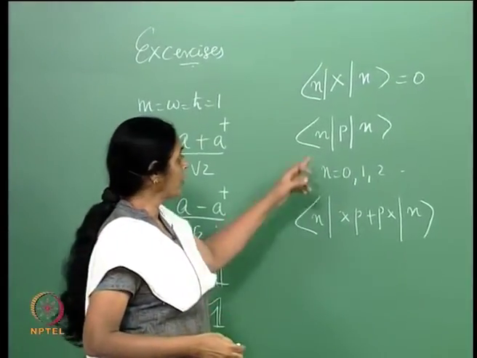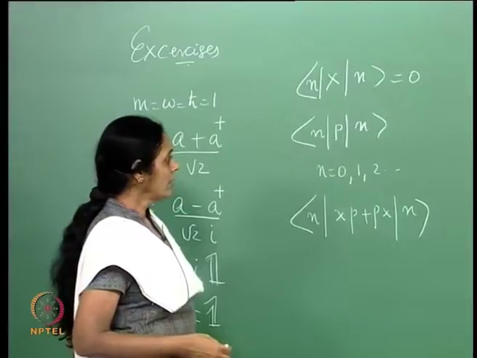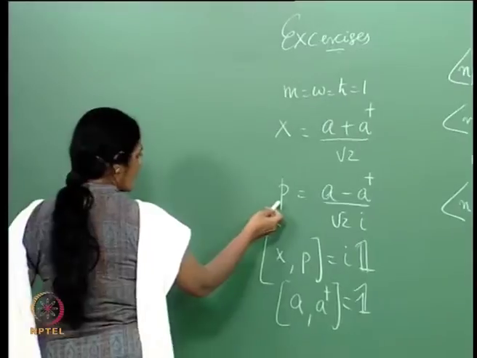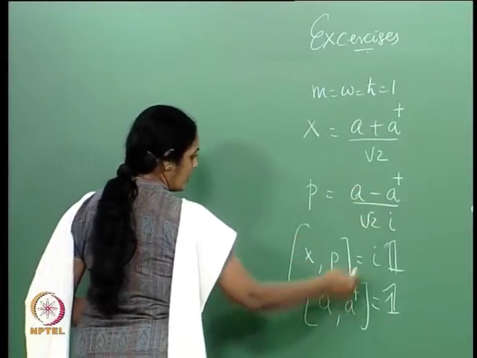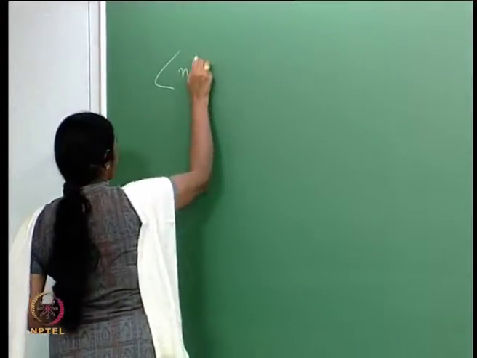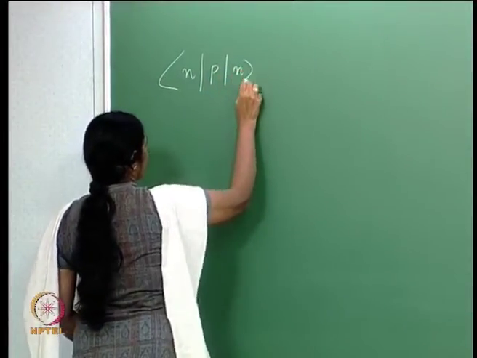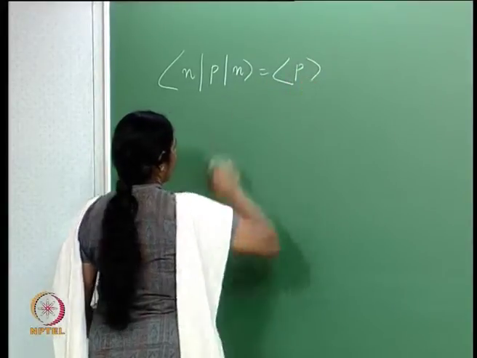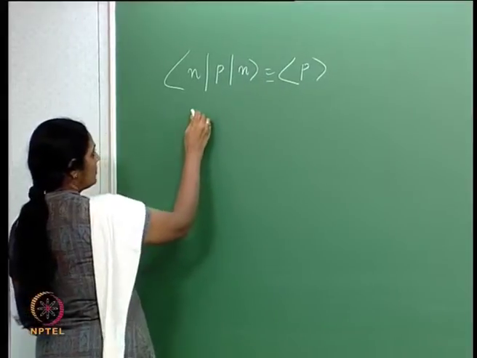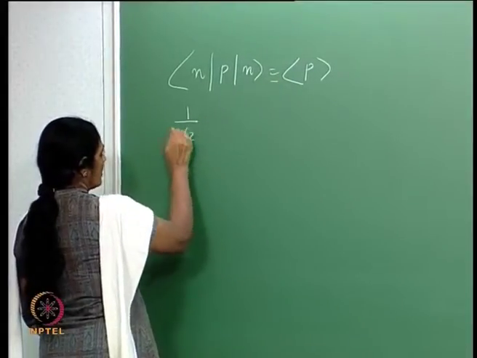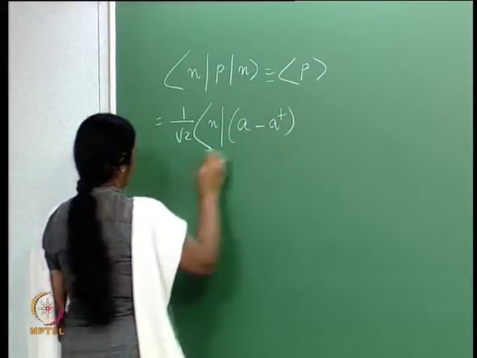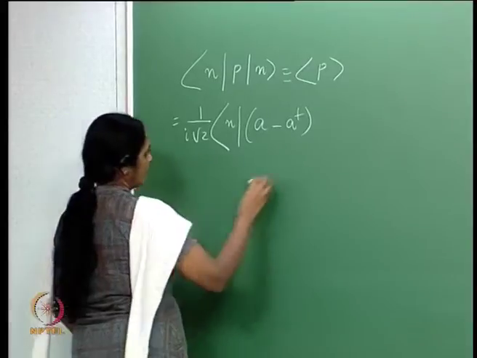Now suppose I wish to find the expectation of p in any of these states. I would repeat this, substituting p equals a minus a dagger by root 2 i. So this is identical to the expectation of p, and that is given by 1 by root 2 i times n a minus a dagger n.